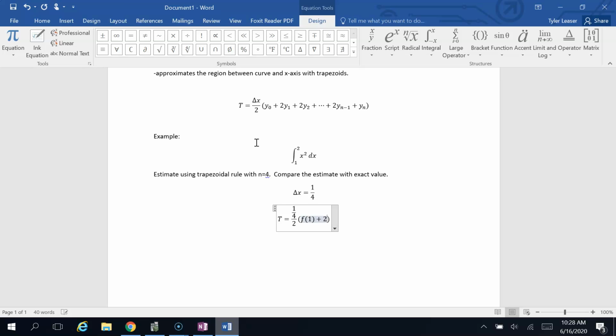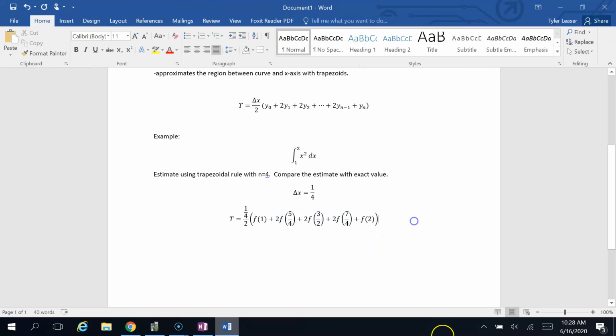Plus 2 times plugging the next partition into the function. If I have a partition length of 1/4, that means I'm going to be plugging the next distance, 5/4, into the function. That's just 1/4 plus the 1. Plus 2 times plugging the next one in, which is 6/4 or 3/2. Plus 2 times plugging the next one in, which is 7/4. Plus, this is now the last one, 2. So there's not a 2 out in front.